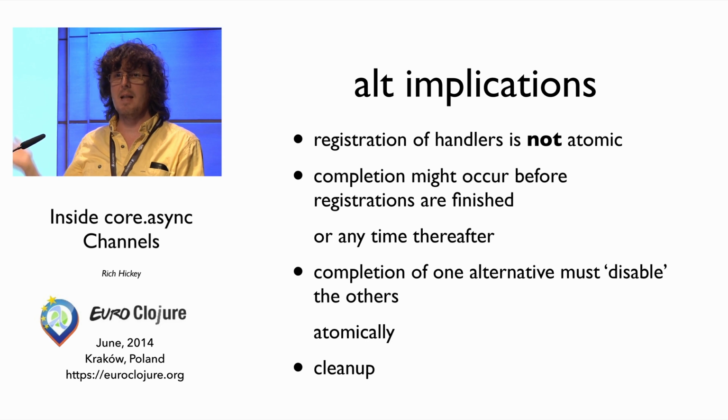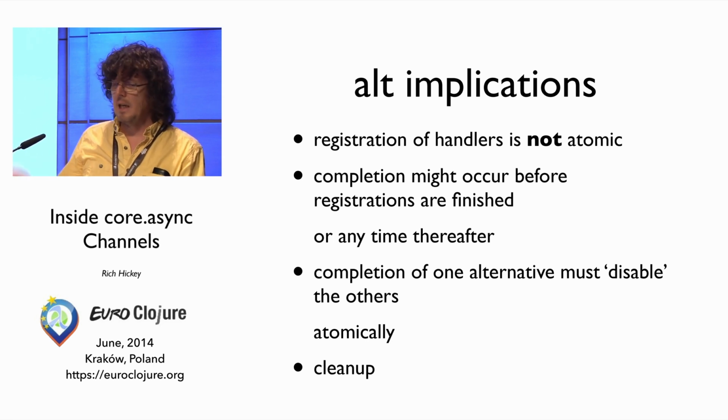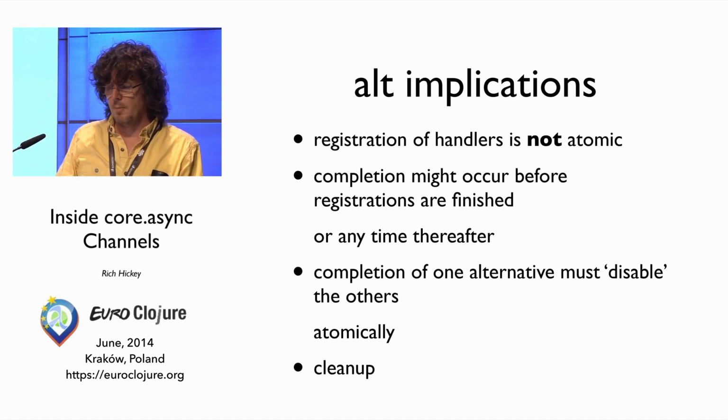That already implies this next thing: some completion could happen even before we're finished registering, or any time thereafter. We don't know when this alt is going to complete, when any one of these things we've requested is going to finish.